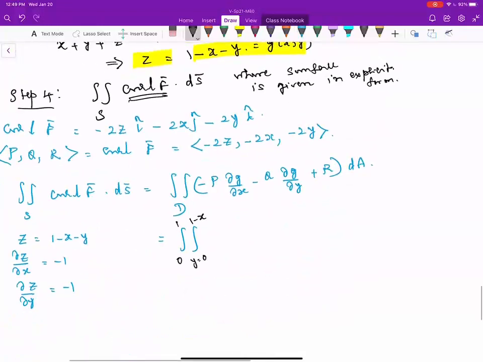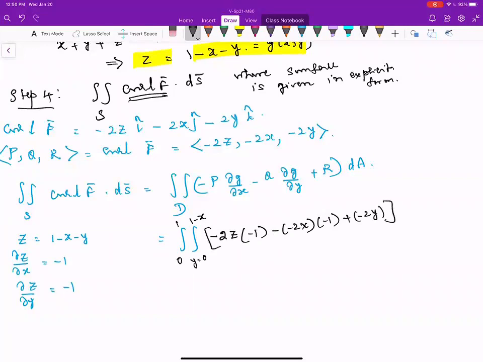Then we are going to plug in these values here: negative 2z times dou g by dou x, or dou z by dou x, they are the same, negative 1, and minus Q, Q is negative 2x, then dou z by dou y, that is also negative 1. So we got that. And then plus R, which is negative 2y.